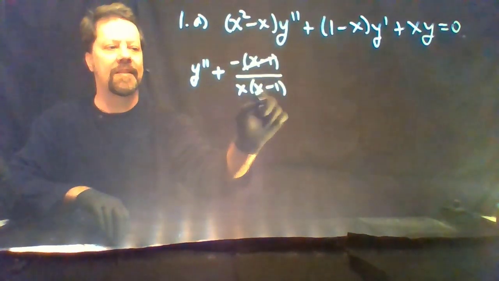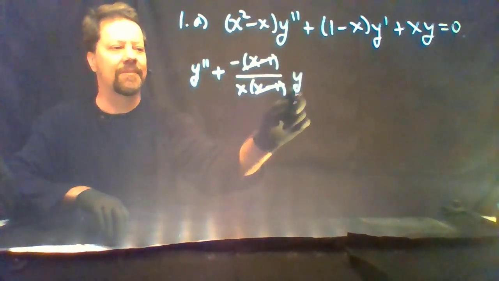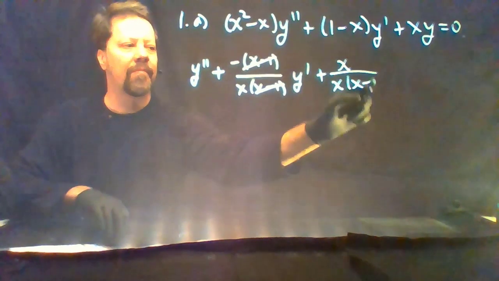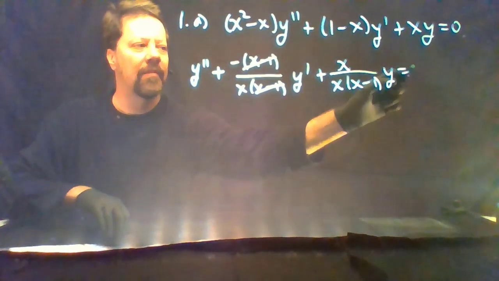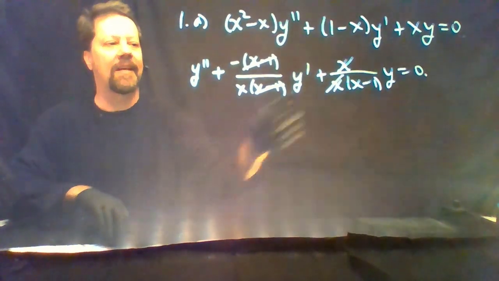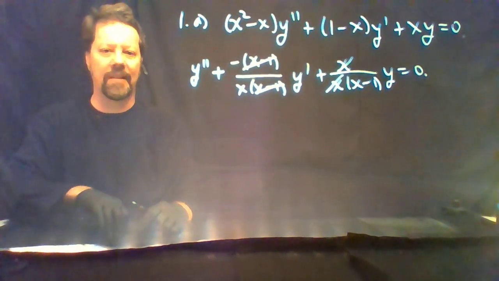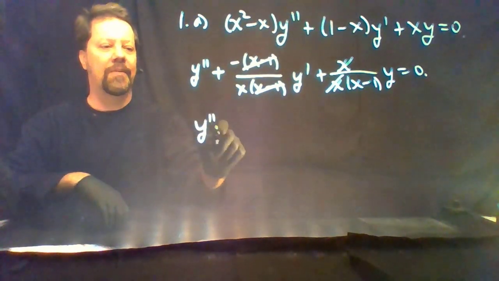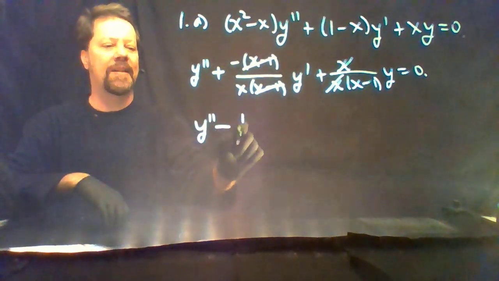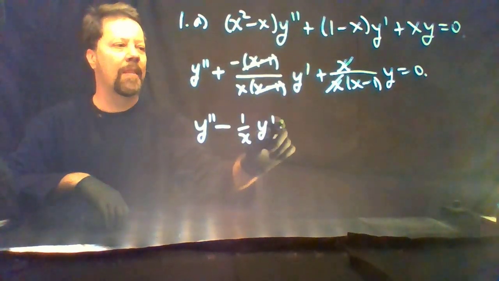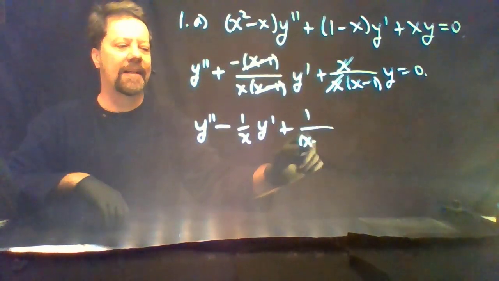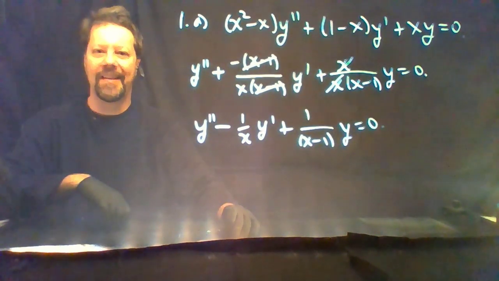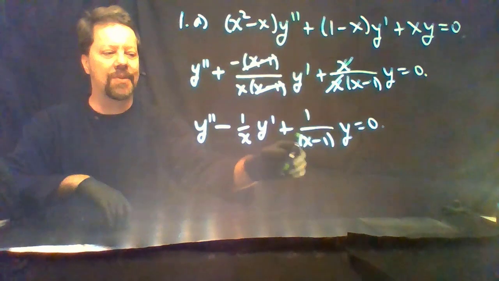You can see that the singularity at x = 1 cancels out, and x cancels out in the last term on the left-hand side. Nonetheless, the differential equation simplifies as y″ − (1/x)y′ + (1/(x − 1))y = 0. It is now apparent that the singular points are at x = 0 and x = 1.